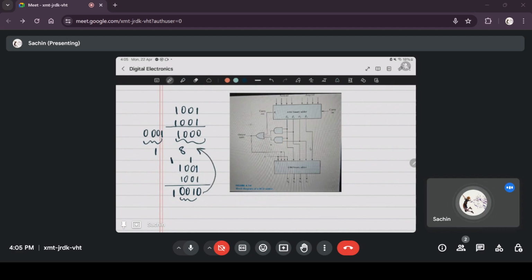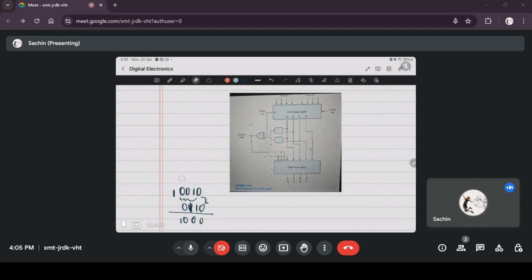It's actually 2. But if you add 6 to this, 6 plus 2 is 8, so you'll get 1000. So if there is an overflow, then you need to add 6 so that you get the right digit. And why do you need to add 6?